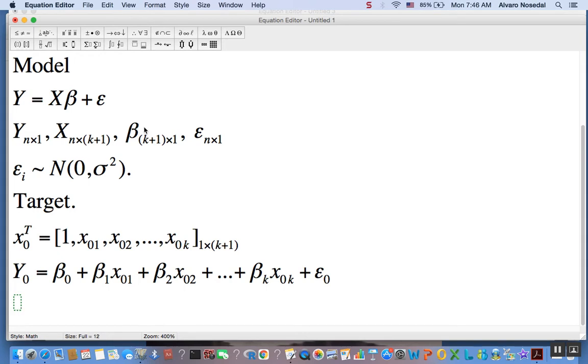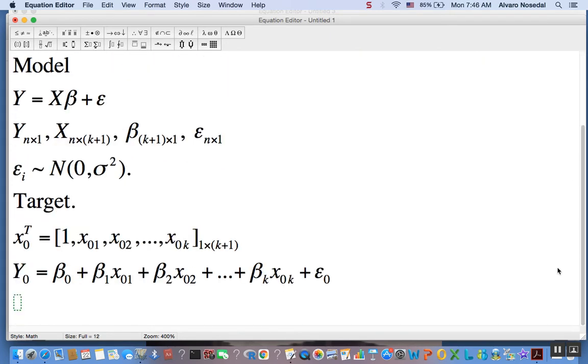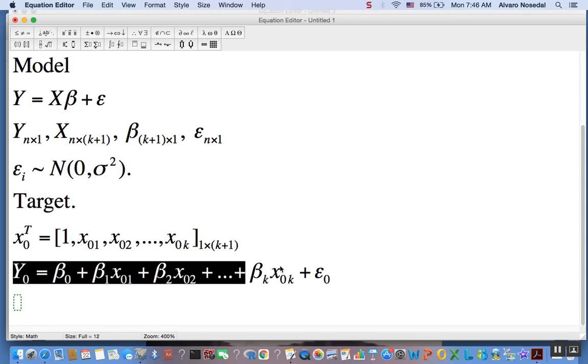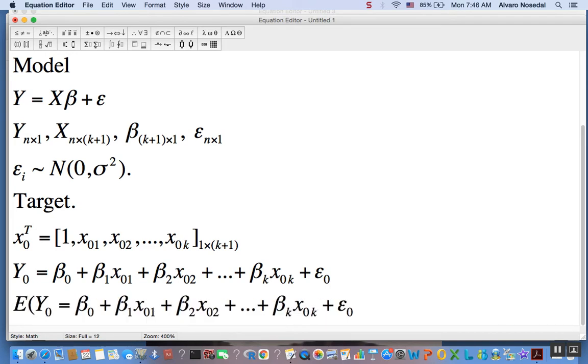Okay, now if we take the expected value, which is our target, expected value of that guy, it's just the expected value of a sum.